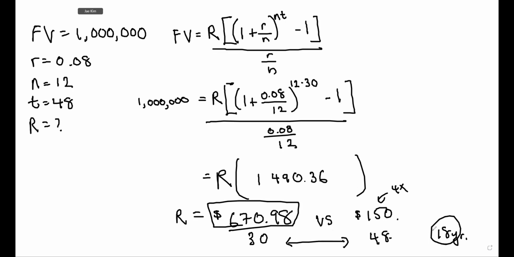Because I missed out on 18 years, that's 18 years of snowballing, which means if I want to catch up to 18 years of snowballing, I have to pay up more than 4 times how much you're paying just to catch up to you, which at this point in time is impossible because there's too many bills to pay, right?